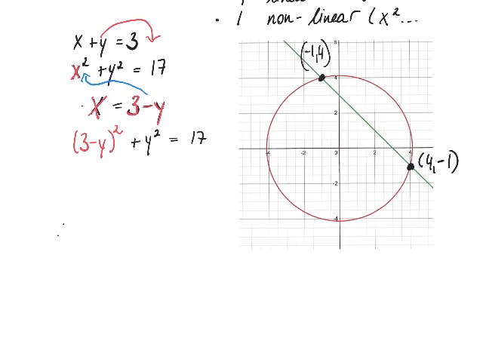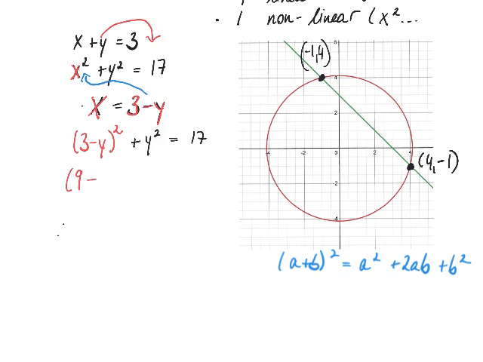Good. Now I need to multiply out the bracket at this stage. We have talked before about the formula for the perfect square: a plus b all squared can be expanded to a squared plus 2ab plus b squared. This is what I'm going to use here. So I expand the square. I square the first one, 3 squared is 9.